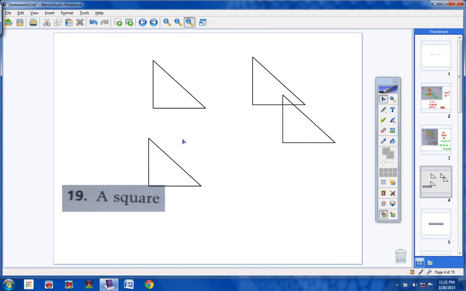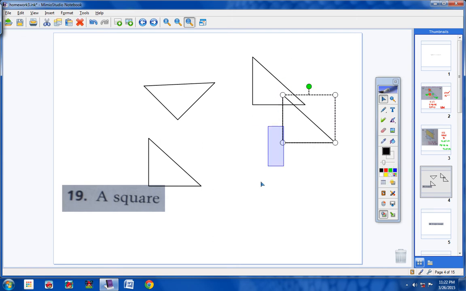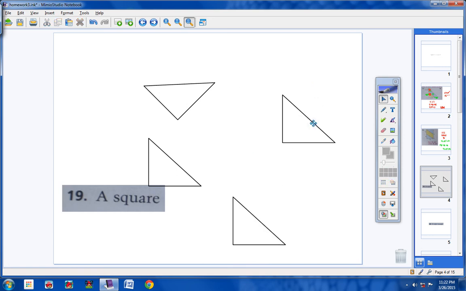So, I think probably the best way to do this would be to, let's see here. I'm going to take this triangle and put it this way. I believe that's what I want to do. Almost. Let me turn it a little more, like this.